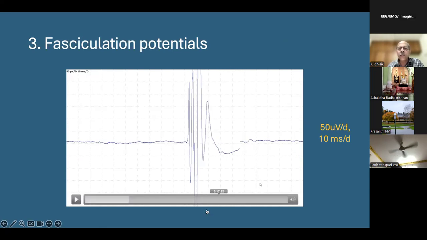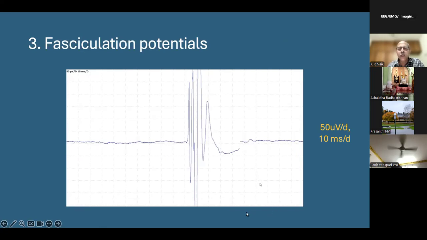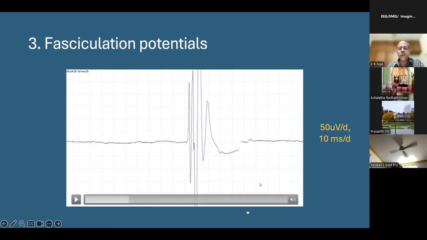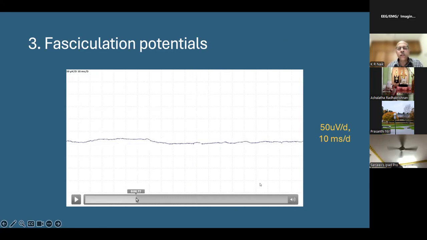Amplitude is exceeding 500 peak to peak, because this is exceeding the capacity of the screen. When you go further, I'll just show the next one. These are irregular, occurring due to the denervation.